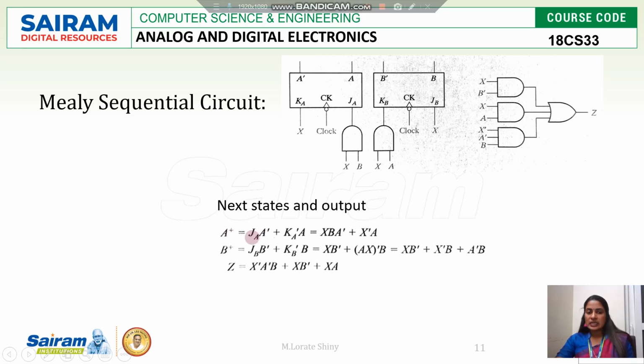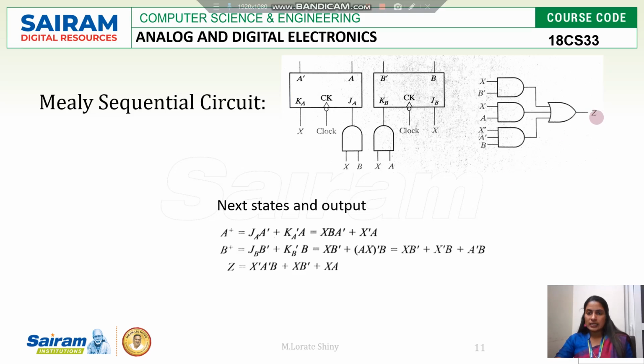A plus is equal to JA A bar plus KA bar into A. J is X and B into A bar, and KA bar is X bar into A. Then for B plus, JB B bar plus KB bar into B. JB is X, so X B bar, plus KB is X and A. If you simplify, you will get this equation.